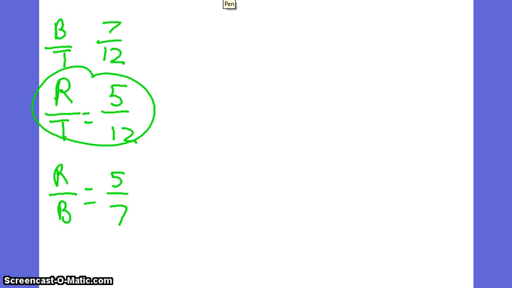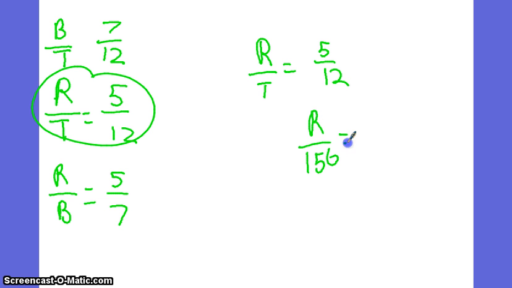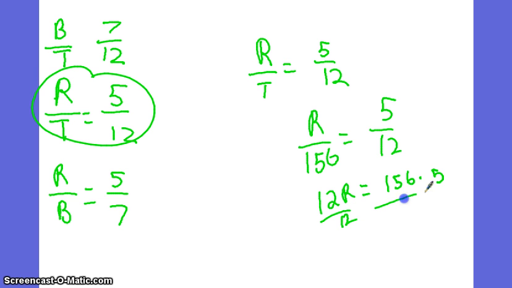Red to total equals 5 to 12. That's the one I want. So red to 156 equals 5 to 12. That's 12R equals 156 times 5. Divide by 12 on both sides, and when I solve it, red equals 65.